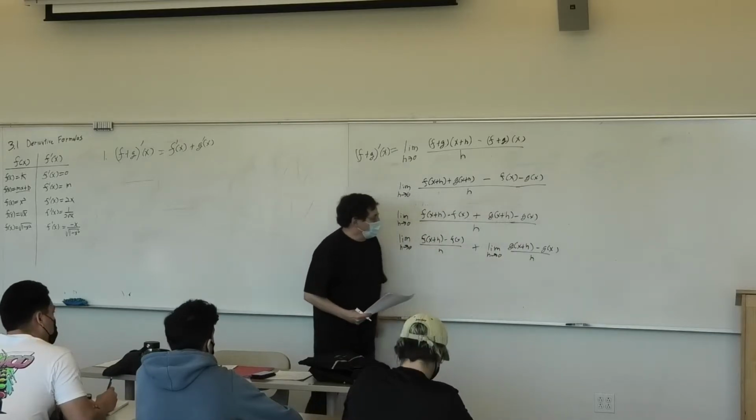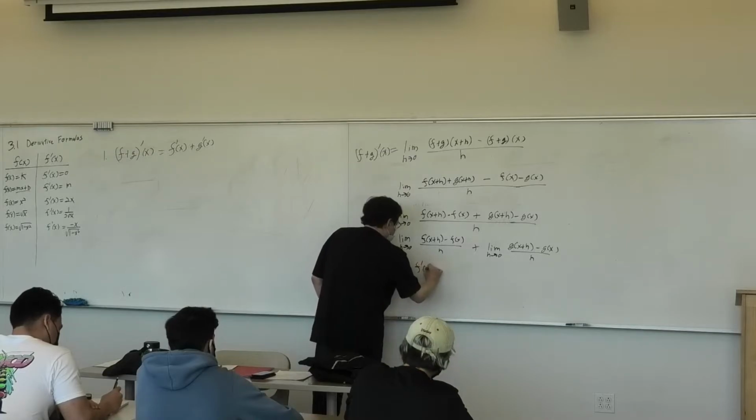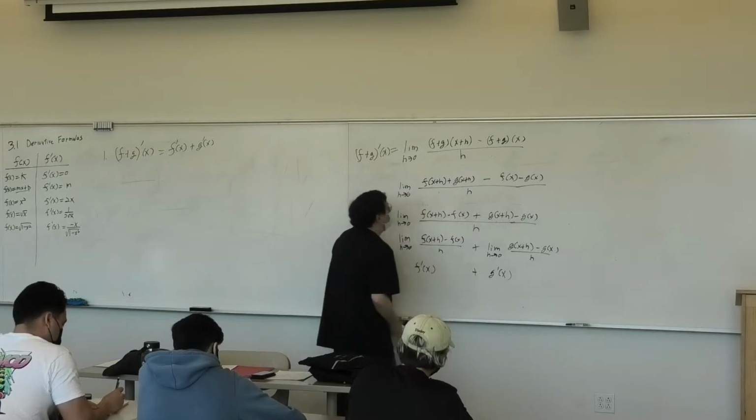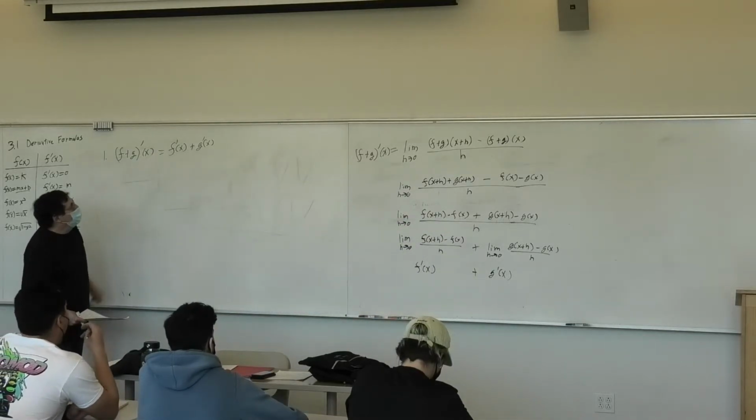But here we just have the definition of the derivative of these two functions. This is just f prime of x plus g prime of x. So that's our sum formula here.